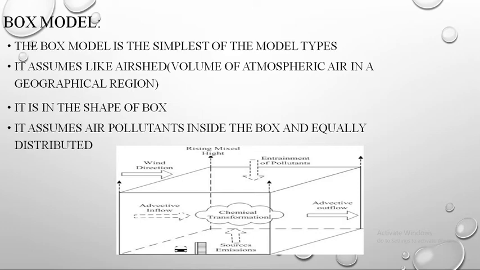Concentration of pollutant entering the city is constant and is equal to background concentration. So in this figure, there is emission from various sources, factories or vehicular traffic or any other disasters or blasts, etc. The chemical transformation occurs.